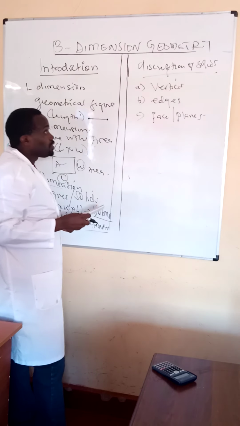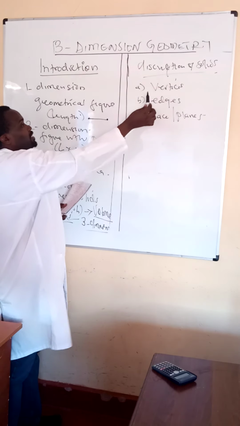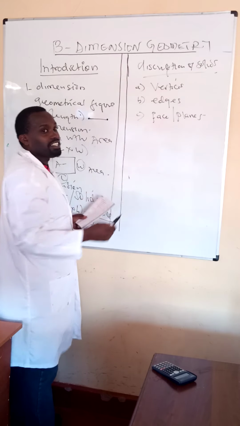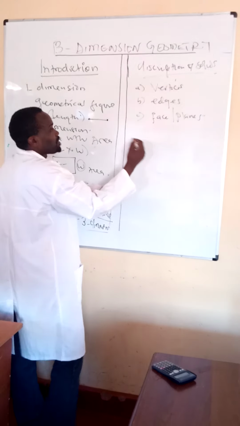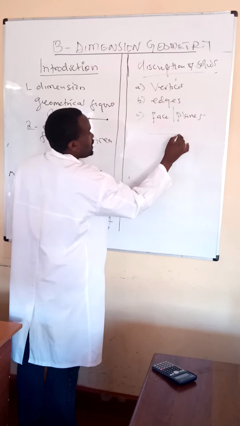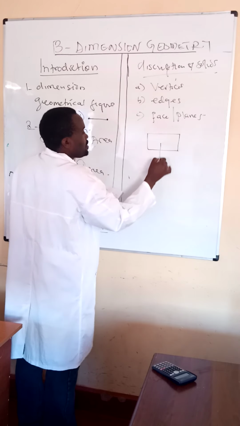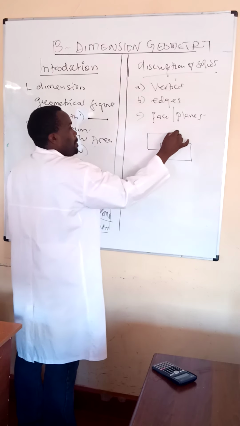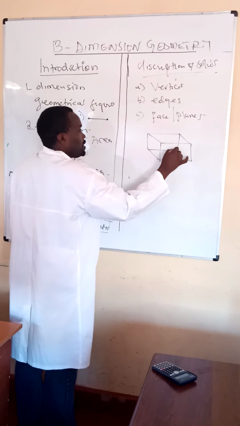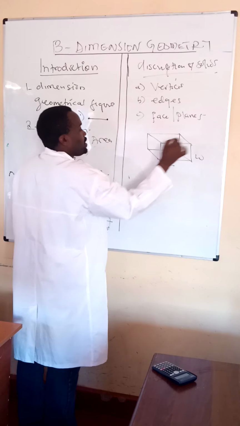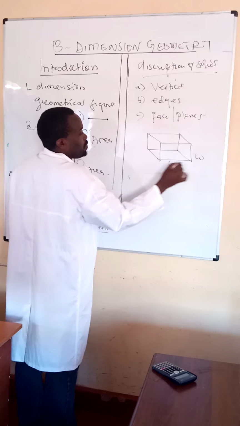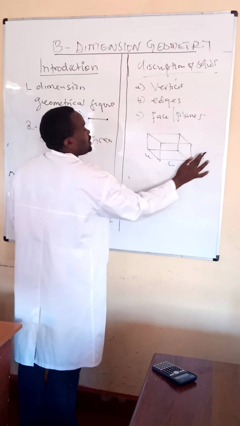We want to show how we can differentiate the vertices, the edges, the faces and the bodies. For example, if you are given something like this, this is a solid, it has the length, the width, and the height.